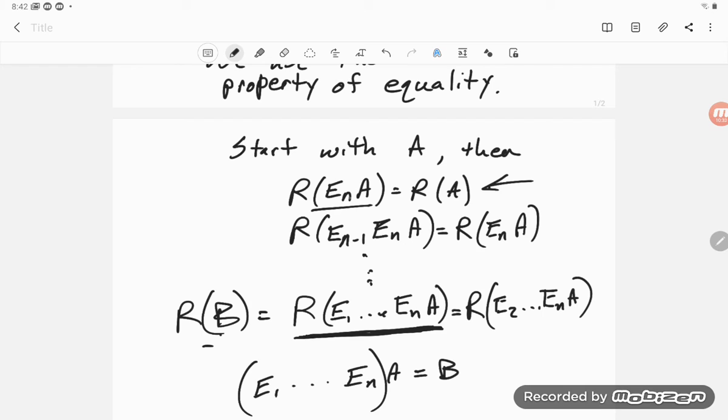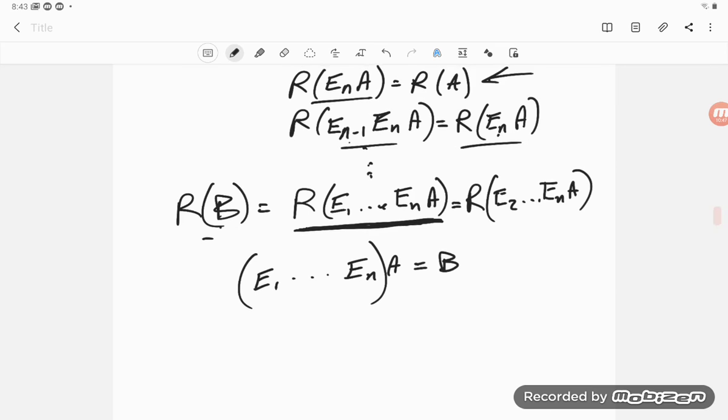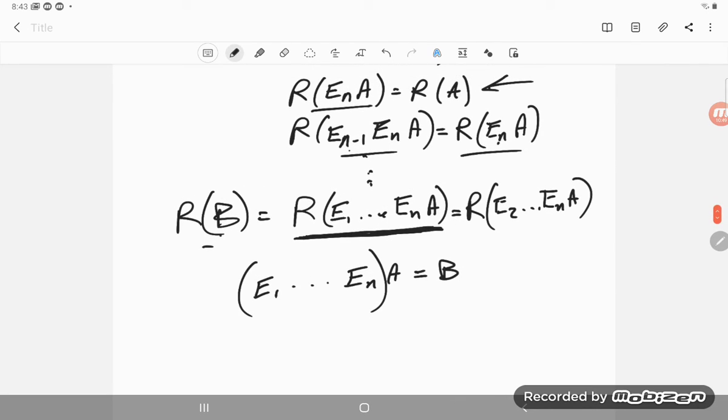But then you really do have to make your way one elementary row operation at a time. Now, here's a place where one could do another lemma and do that induction proof and say that any number of elementary row operation matrices in essence is a single linear combination.